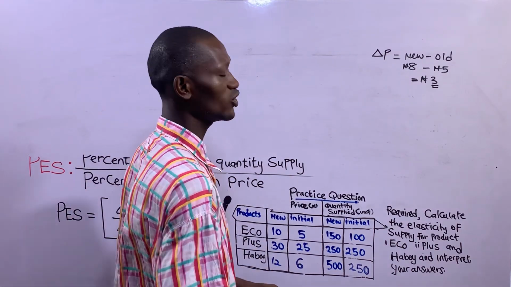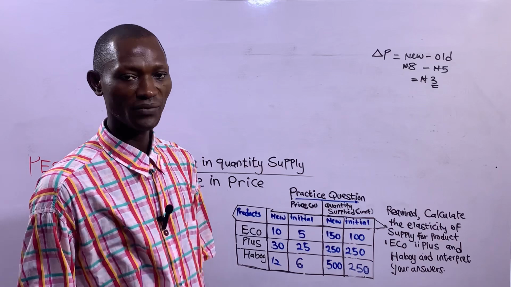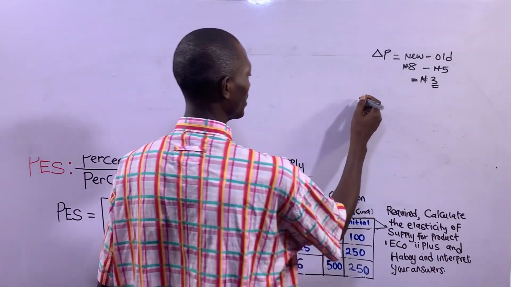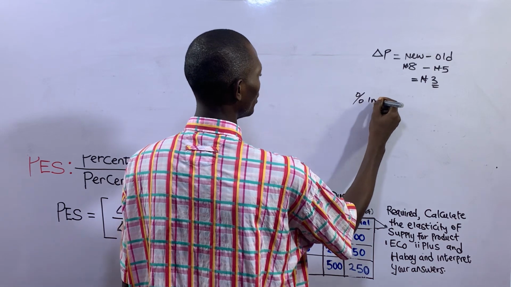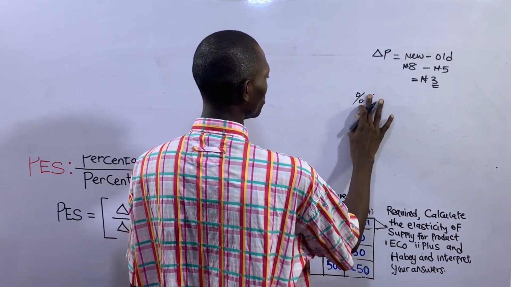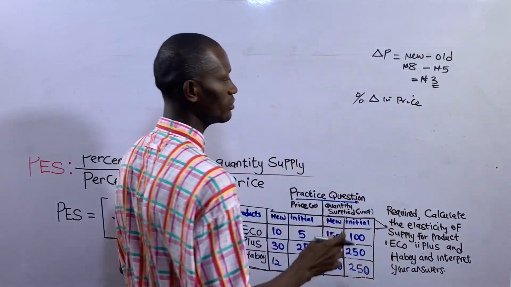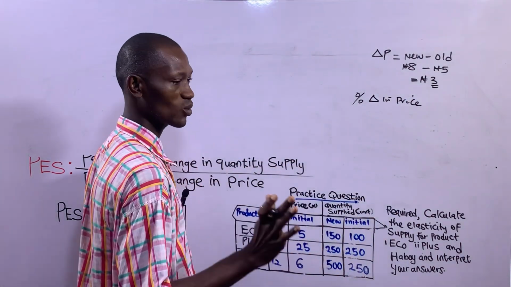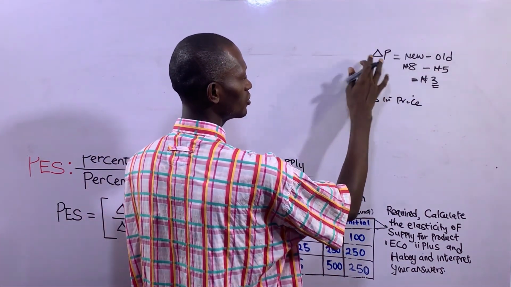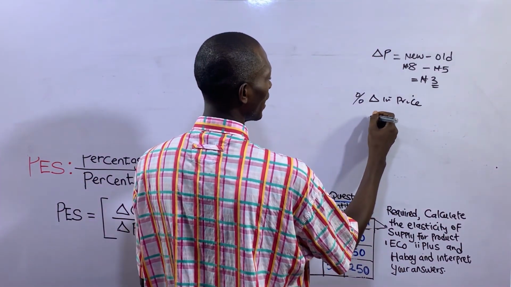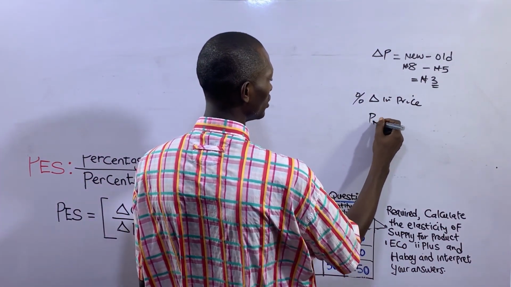Now, if you want to measure percentage change in a variable, let's go further. So percentage change in, let's say, price. If we want to measure percentage change in price, it's quite a little bit different from just change in price. So percentage change in price is we have the new price.